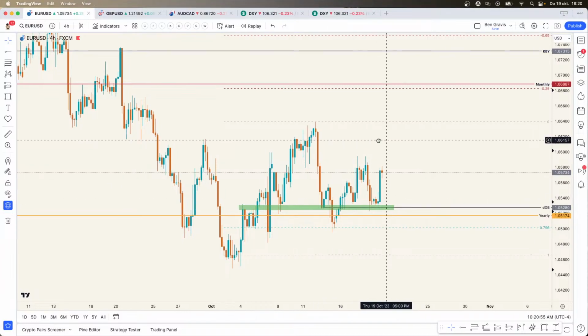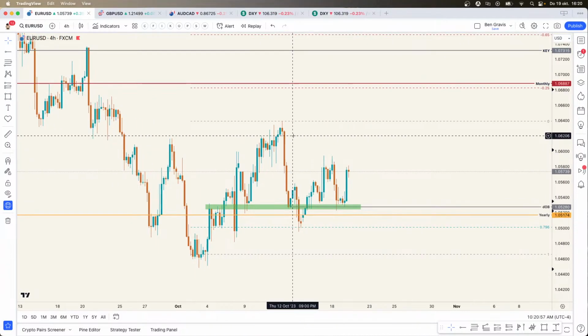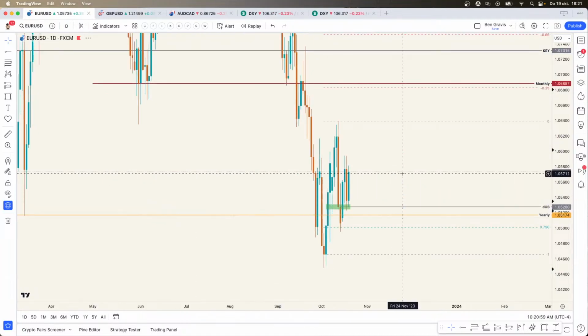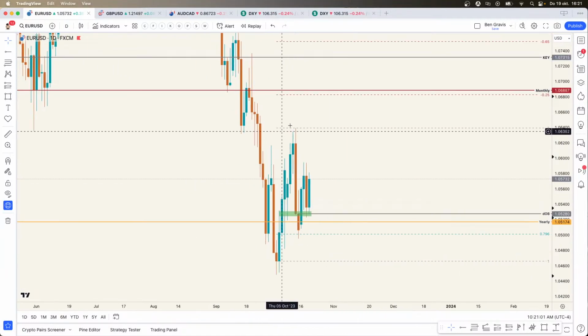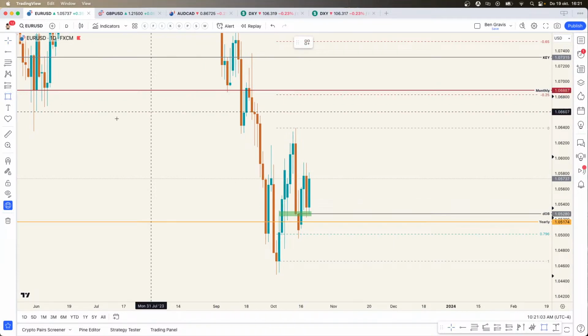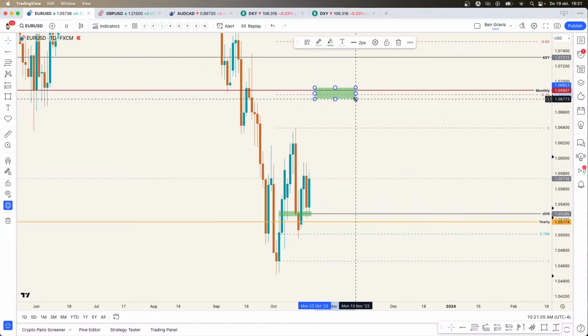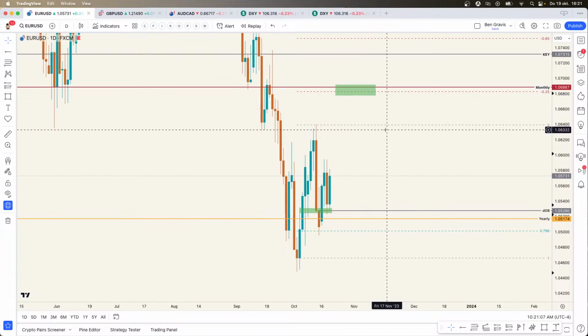So with this, we have the target of minus dot 25 still at this monthly level.